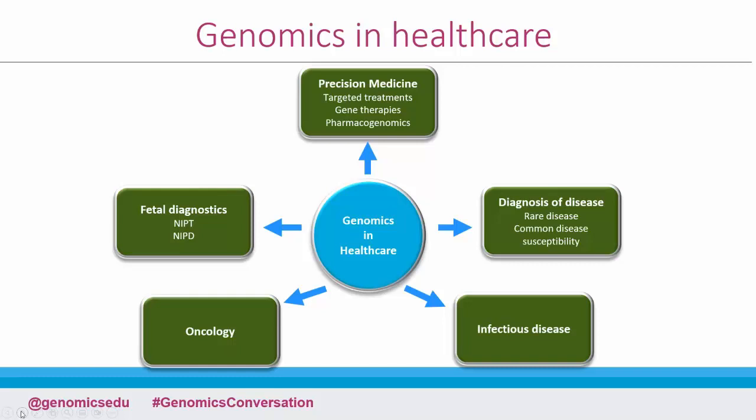We're using genomics in fetal diagnostics, so for non-invasive prenatal testing and non-invasive prenatal diagnosis. And then we are increasingly realising the holy grail of genomics, which is to deliver precision medicine, where we have targeted treatments, we have gene-directed therapies, and increasingly we're using genomics in pharmacogenomics, so choosing the right drugs for the right patients at the right time.